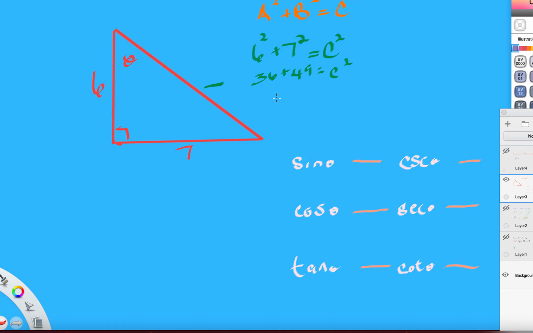What is that? 85. 85 equals c squared. So the square root of 85 equals c. Okay, so we'll say it's the square root of 85.